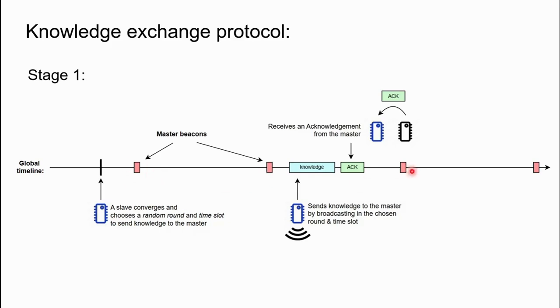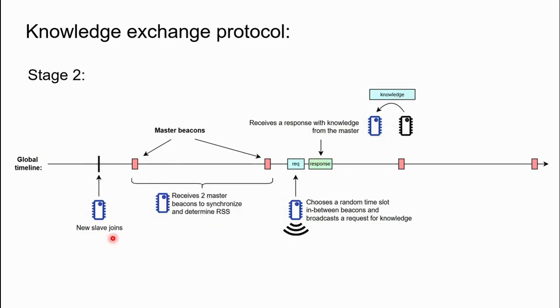These red boxes here are the master beacons, and as you can see, the interval is constant here. So this slave chose random round 2. That means that it waited for 2 more master beacons before choosing a random slot here and sending the knowledge to the master by broadcasting its knowledge. The master, after receiving the broadcast knowledge packet, responds with its acknowledgement packet so that the slave knows that its knowledge was received by the master.